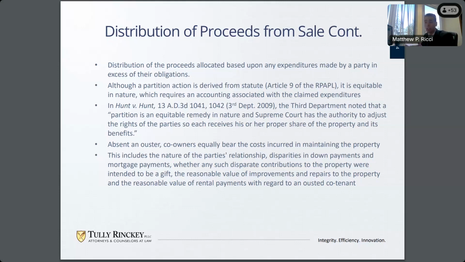So really courts look at how the parties conduct their finances as well. And again, looking at how the claimed excess expenditures were made. I've seen courts look at whether or not the claimed money was derived from separate or joint bank accounts, because the court will look at tracking that money.